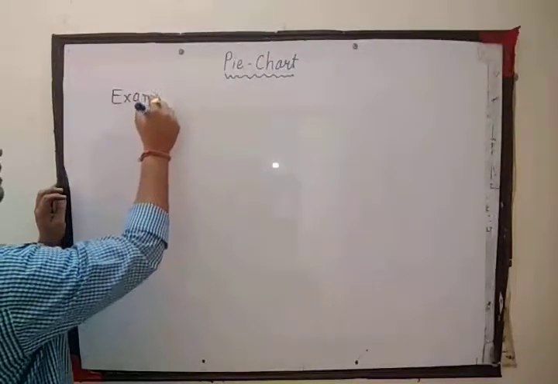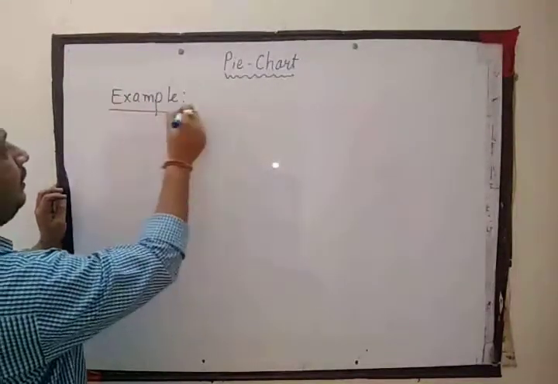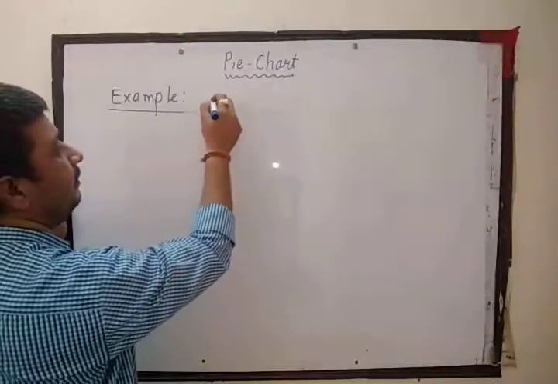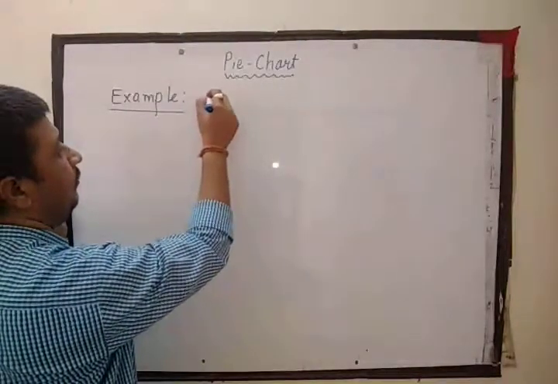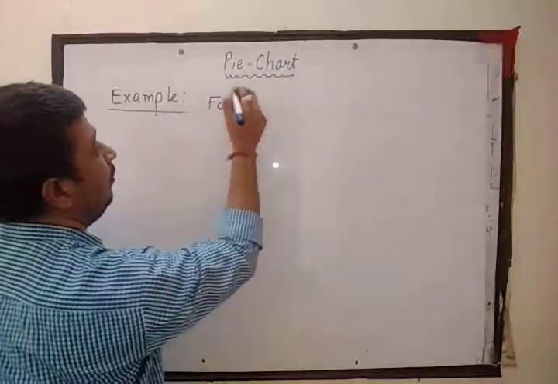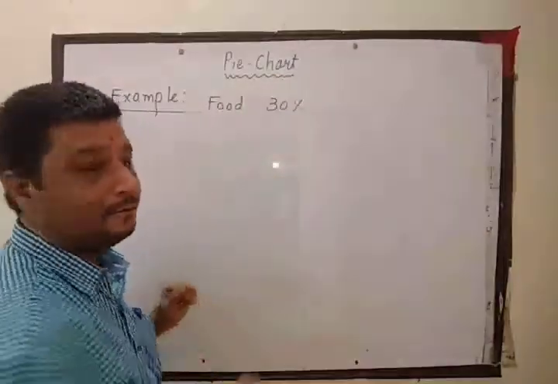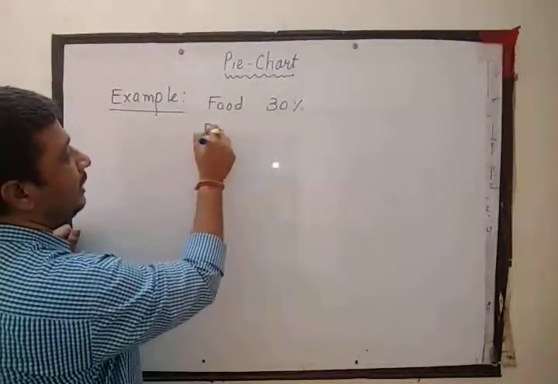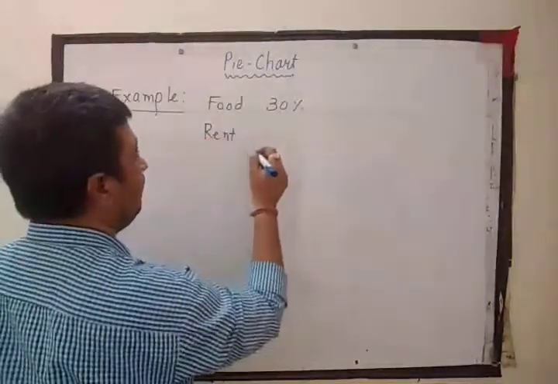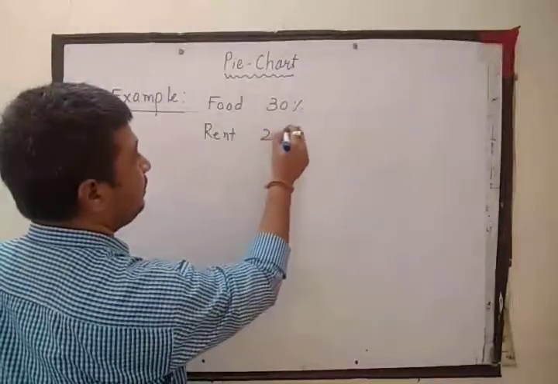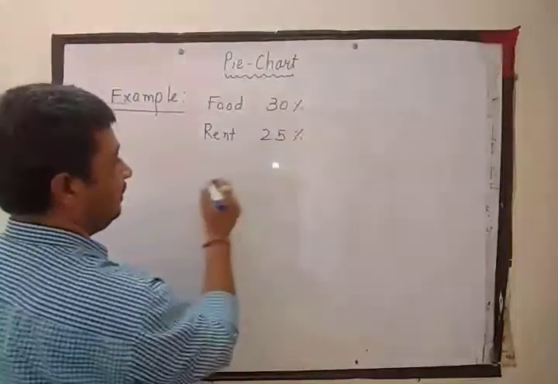Example, if I say you spend 30% on food, then rent of your house is also spent by you, that is 25%.